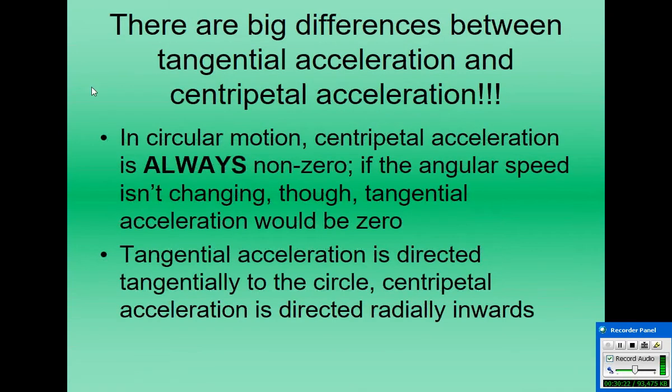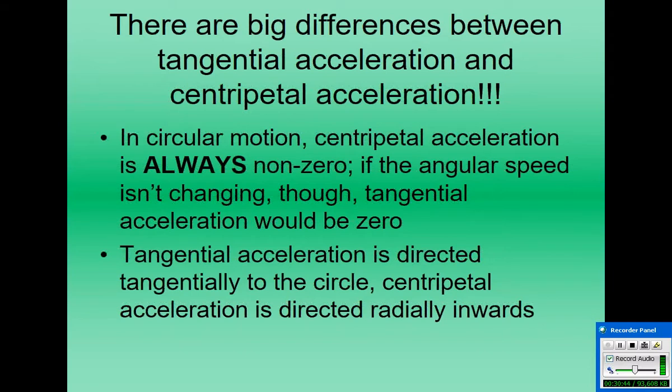Now, I said at the beginning that we would always have centripetal acceleration in circular motion. We don't always have tangential acceleration in circular motion. Centripetal acceleration exists as long as A, you're moving, and B, you're following a circular path.